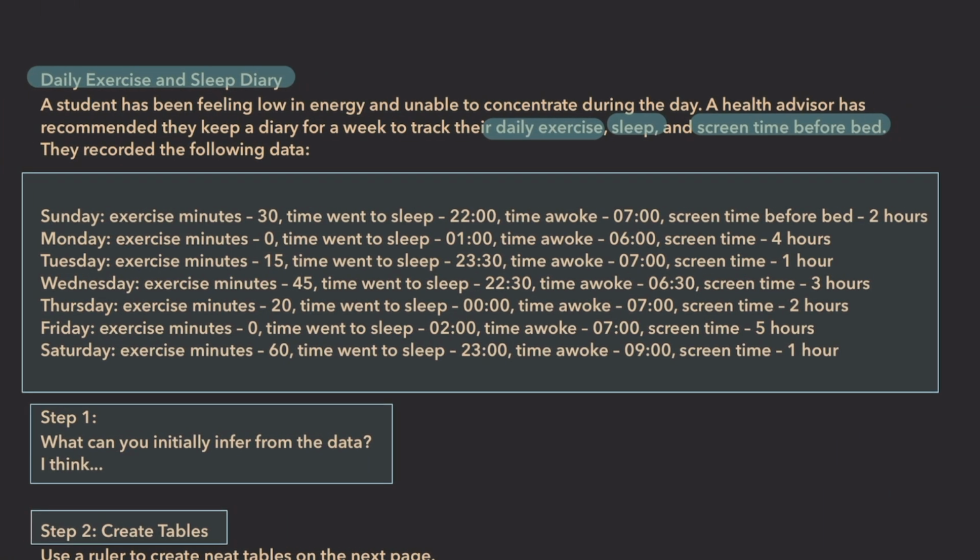All right. Now, down the other column, we're going to put the things that are happening each of these days. So we've got the exercise. Oh, it's not quite what I meant to do, but anyways. So we've got the exercise minutes. We've got the screen time before bed. And we've got the time they went to sleep and the time they awoke.